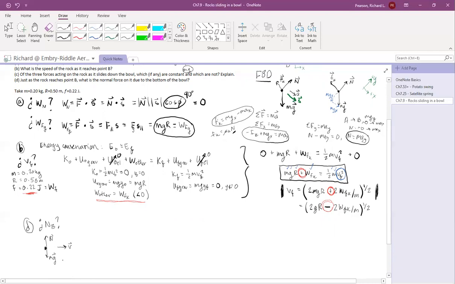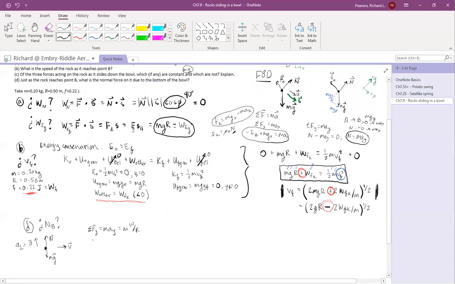And because it is a circle, that means that the acceleration at this point is now what? It means that our acceleration is now in this direction, which means the acceleration is all in a perpendicular direction, which means that it is going to allow us to write that the sum of forces in the y direction at this point is equal to mv squared over r.